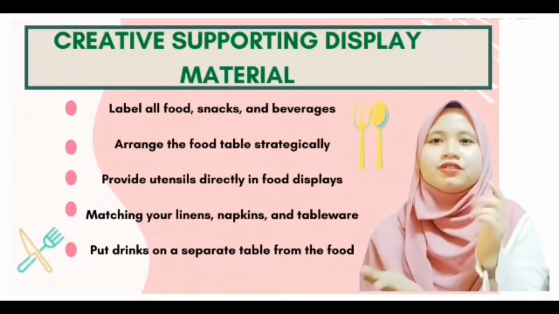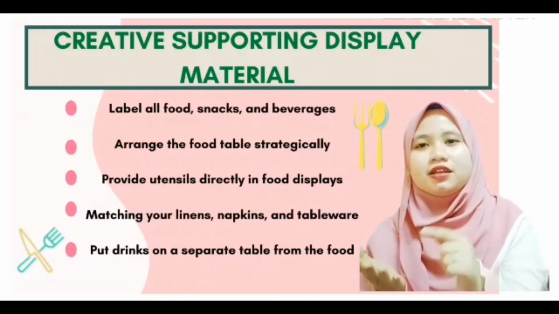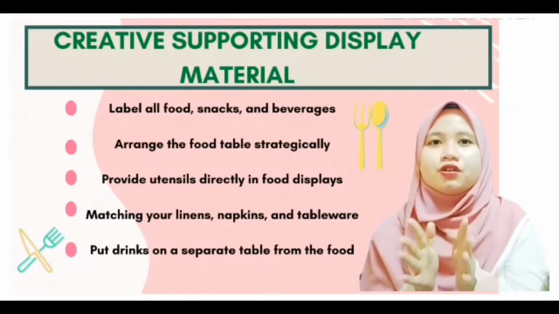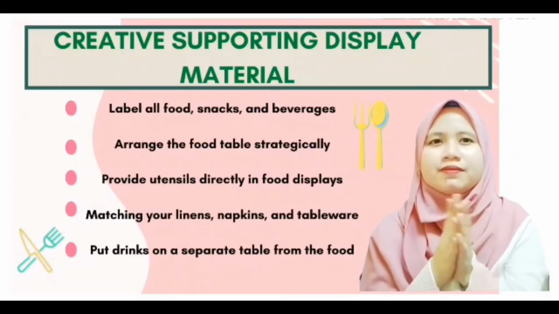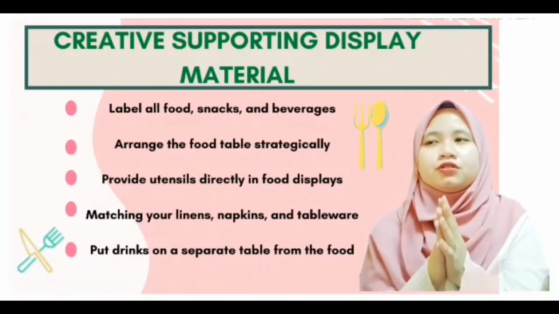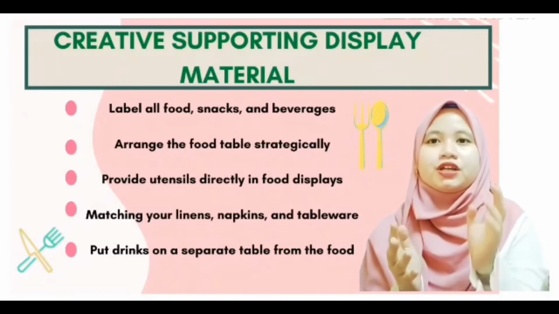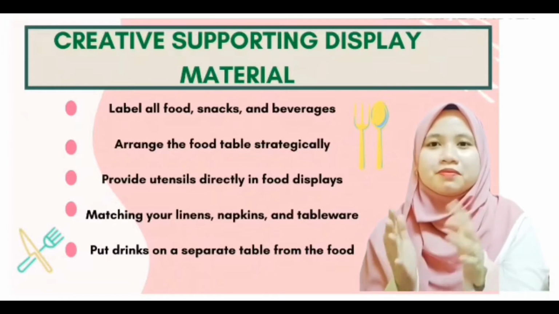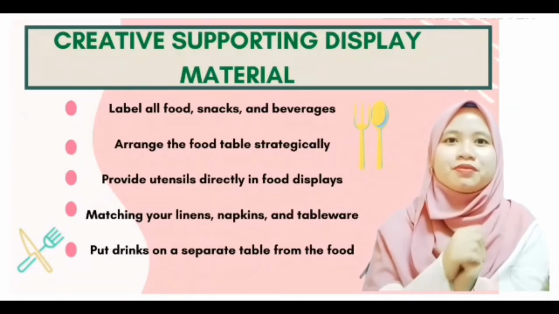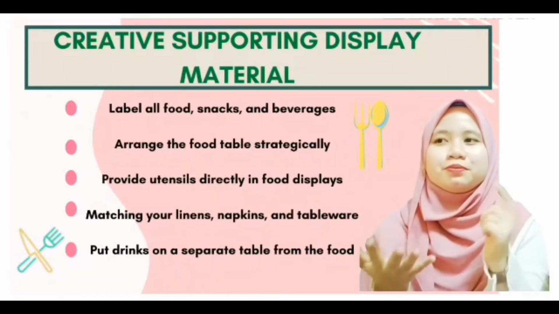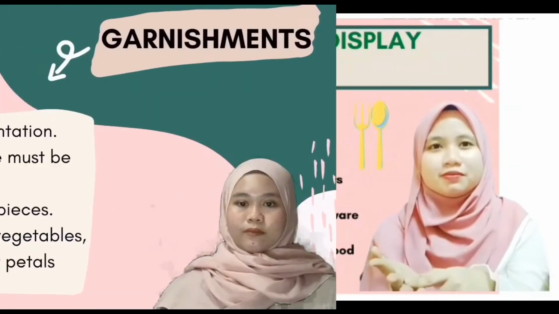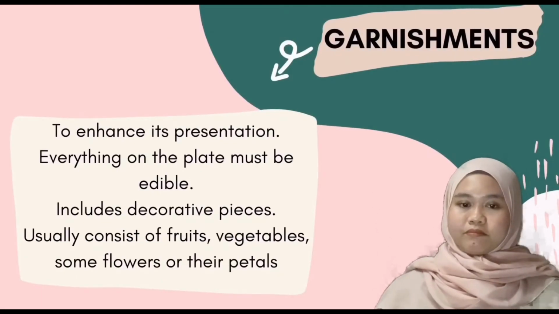Next, we should match our linens and napkins to the tableware. Do not mix the colors. And the last one, put drinks on a separate table from the food. This is because we don't want unexpected accidents to happen. Am I right, guys?